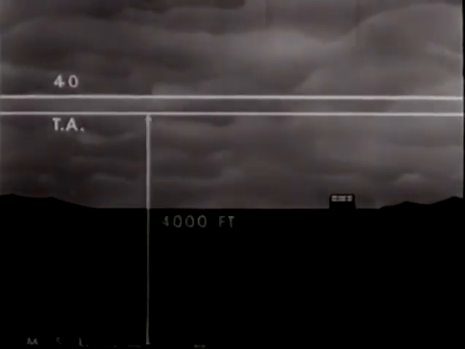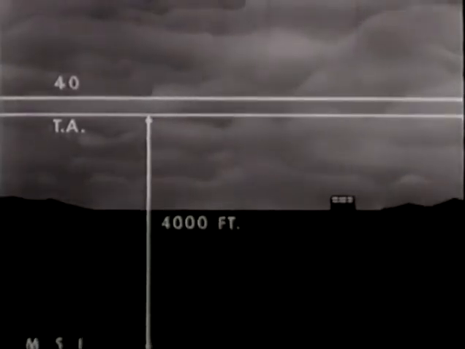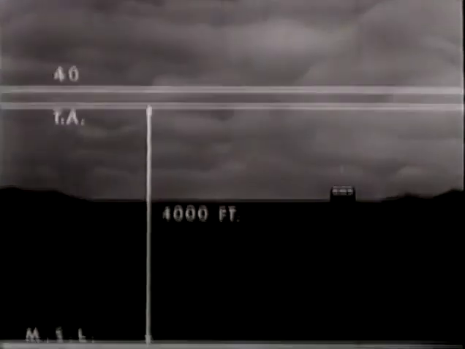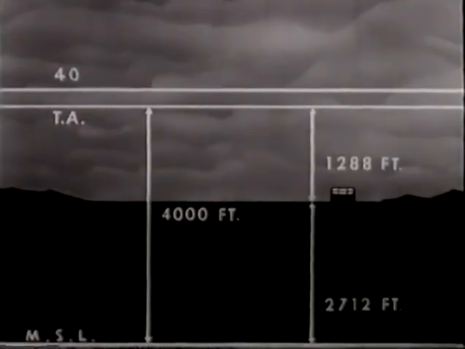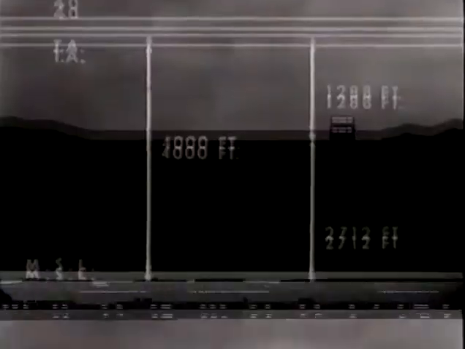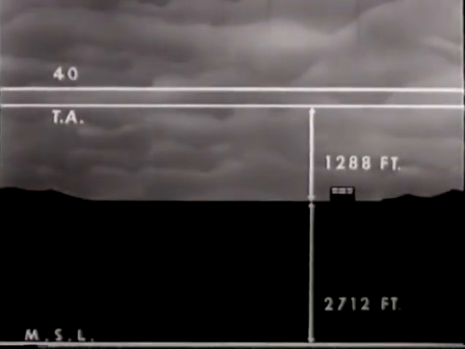The transition level is the lowest usable flight level above the fixed transition altitude. In this case, the transition altitude is 4,000 feet. Since the aerodrome elevation is 2,712 feet, the transition altitude is 1,288 feet above the aerodrome.